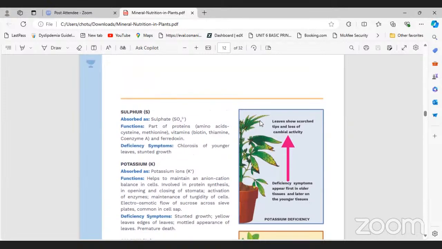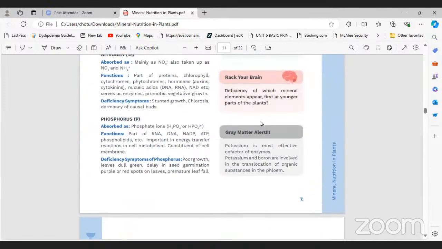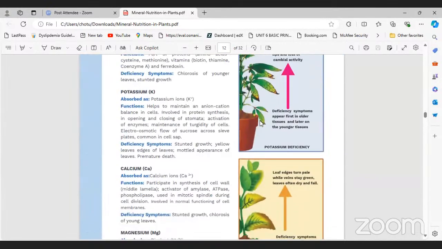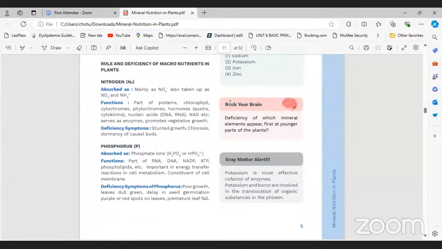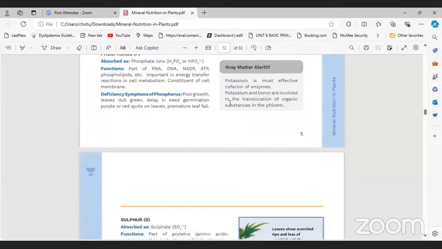Phosphorus is completed. Now potassium. Nitrogen, phosphorus, and sulfur are completed.